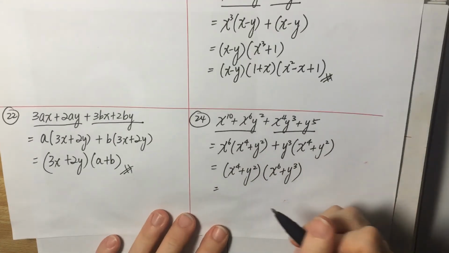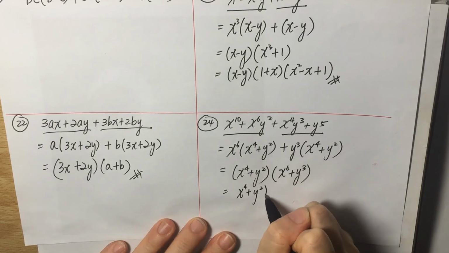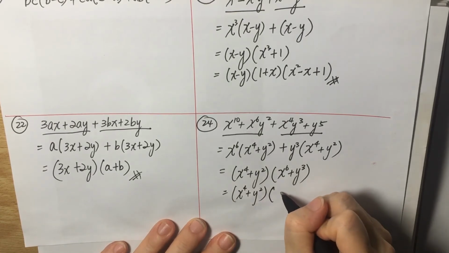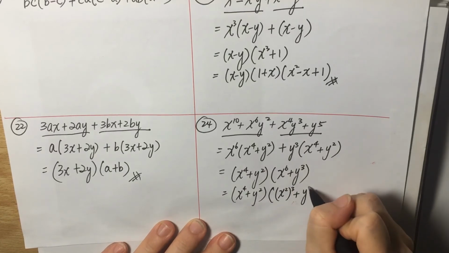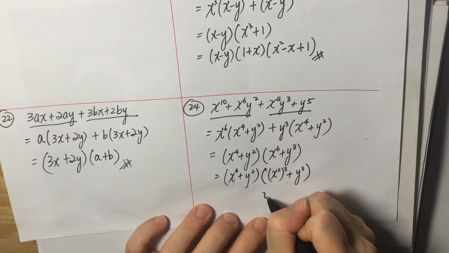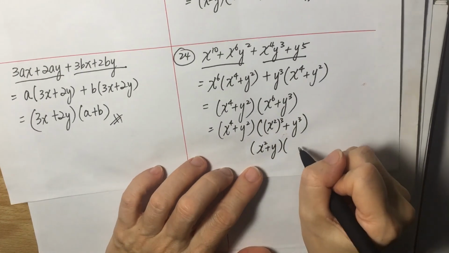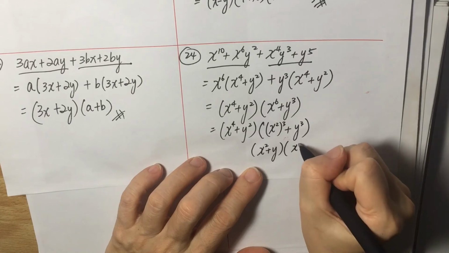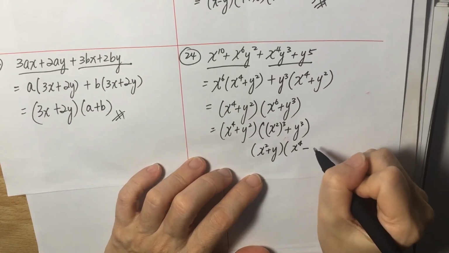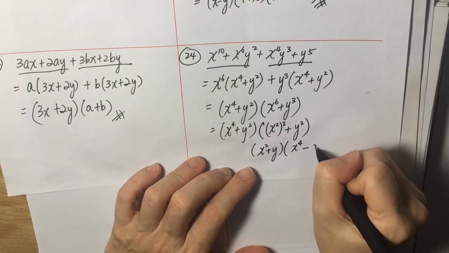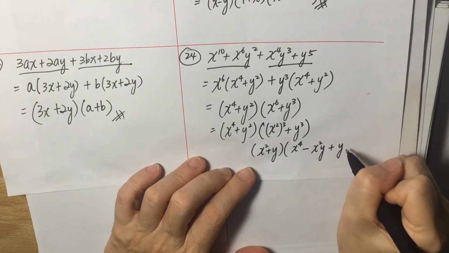Again, this one can be further factorized into x squared cubed plus y cubed. So you would have x plus y multiplied by x squared, so that will be x^4, minus x times y, so x squared y, and then plus y squared.